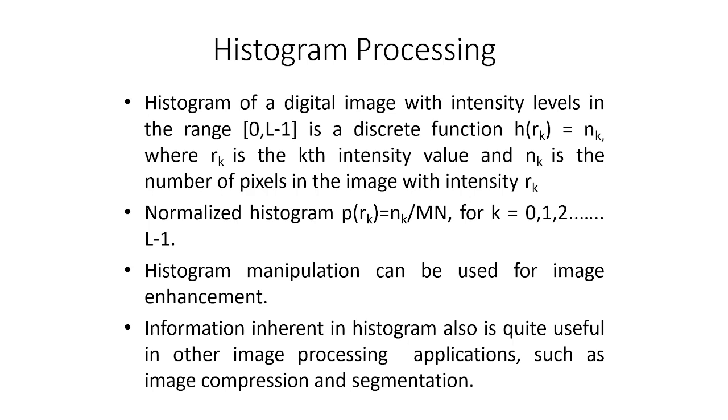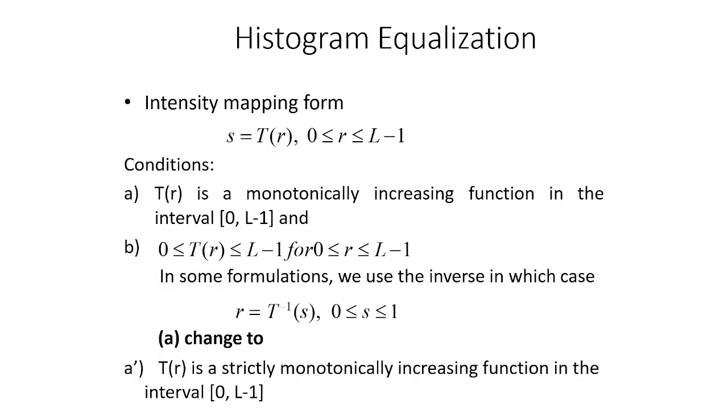Why are we using this histogram? Why this intensity information? It is good for the enhancement effect. The information inherent in the histogram is quite useful in other image processing applications also. The histogram is also used in image compression as well as in segmentation. So what is this equalization process?